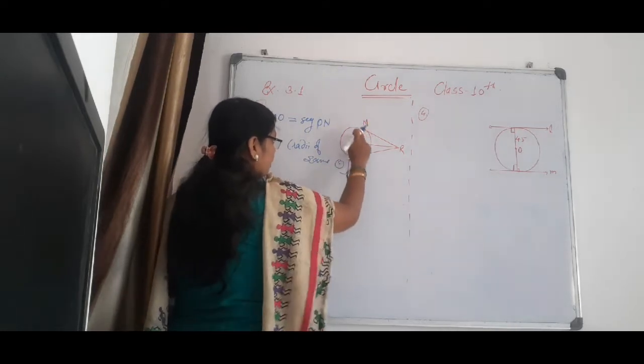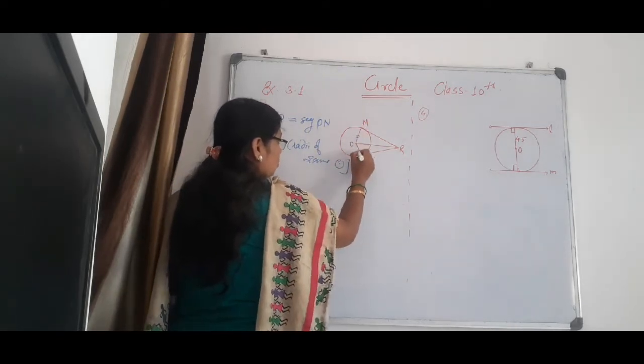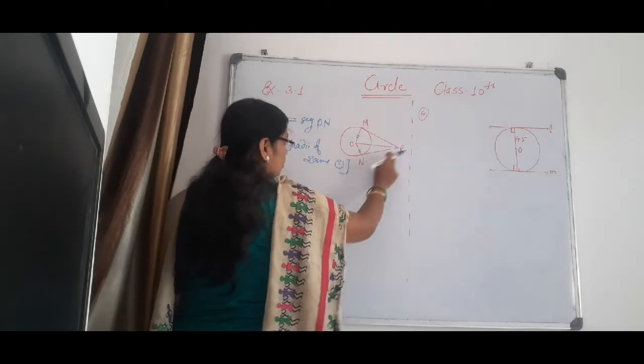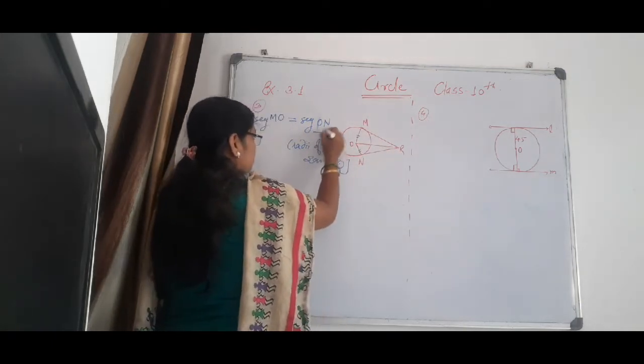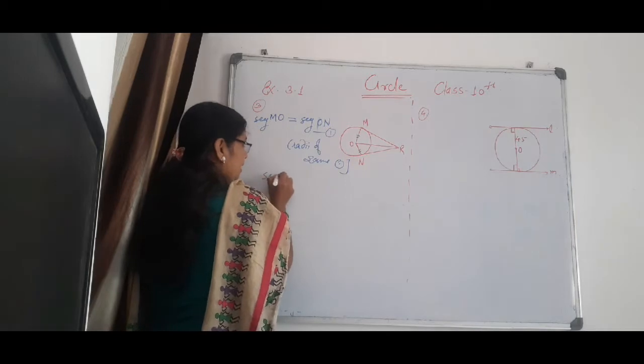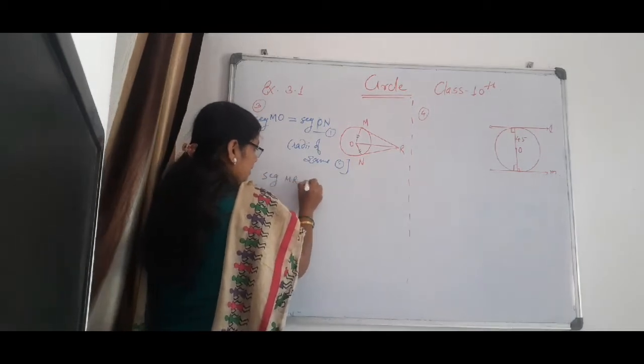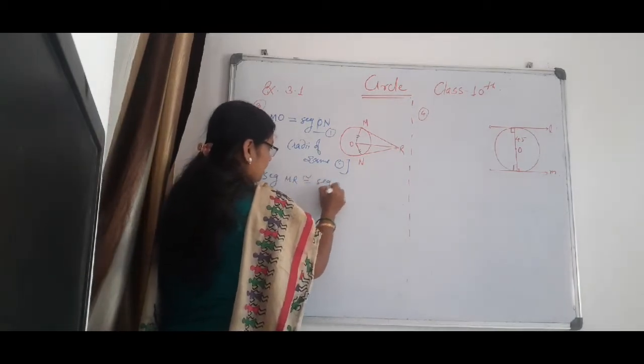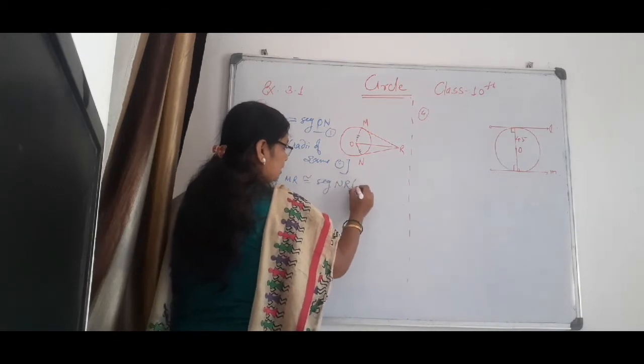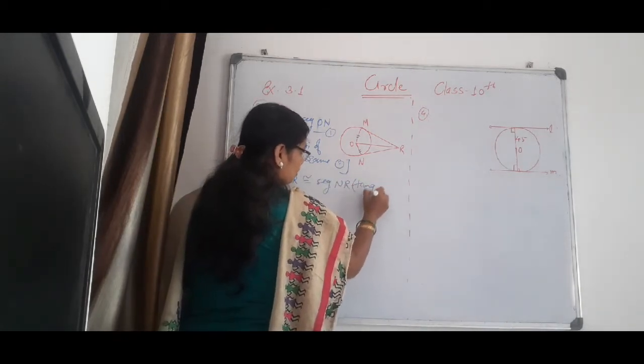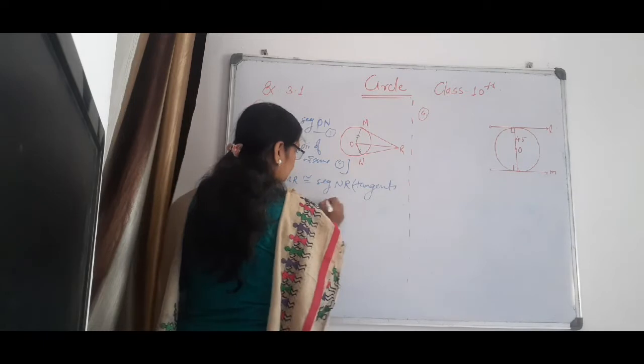Now OM is congruent to OM. Then MR is congruent to NR. It is your first equation. Then segment MR is congruent to segment NR. What is the reason? Tangents drawn from the external point.